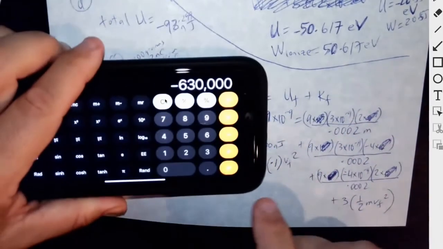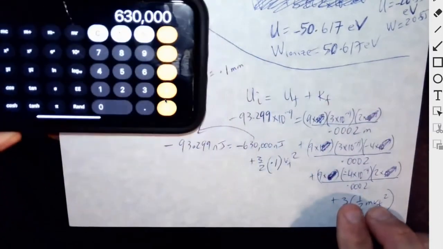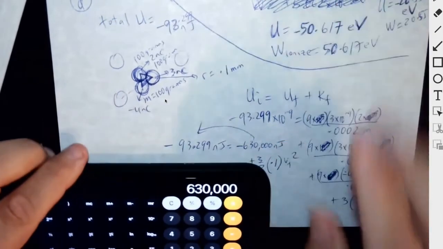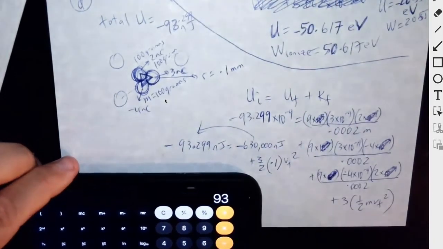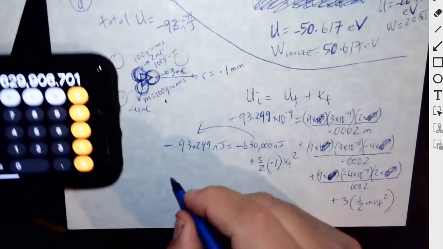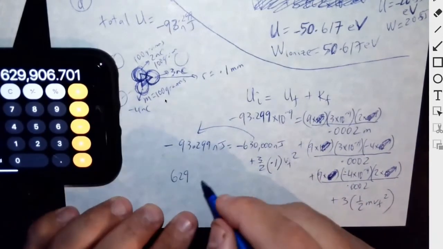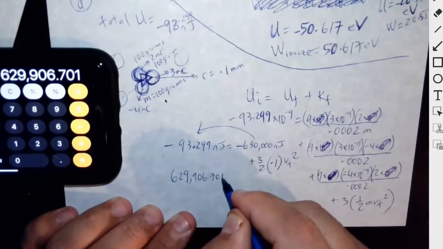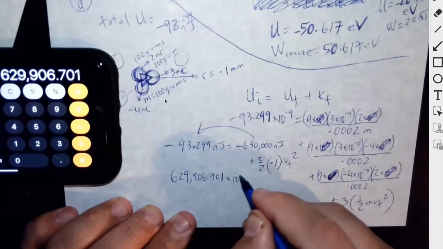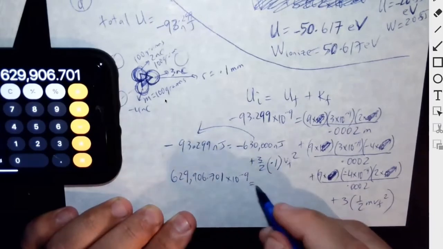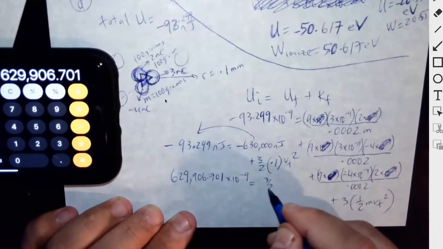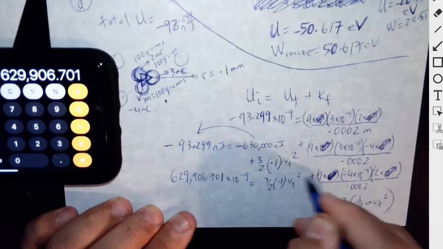So then you say positive of that, then you do minus 93.299. Okay, so then 629,906.701 times 10 to the minus 9, right? Because the nano, you have to account for that. Then you have 3 as 0.1 v final squared.